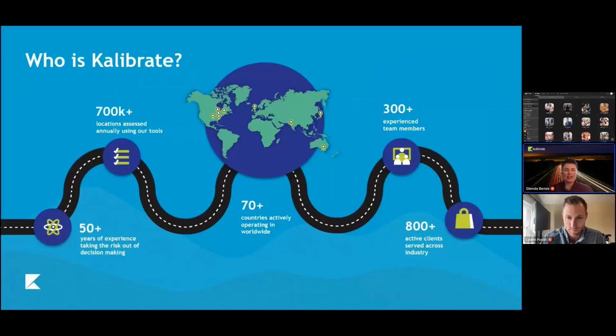Now, I just want to do a little introduction of who is Kalibrate for those who are on today that are not familiar with us. For decades, we've lived and breathed retail and fuel. We have many experts on our team that are from within these industries, and we provide our solutions to organizations all across the globe.